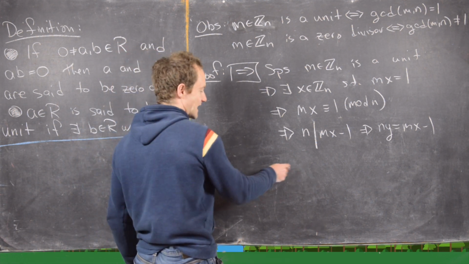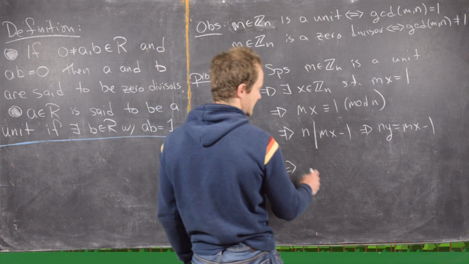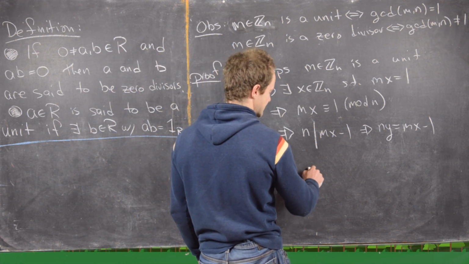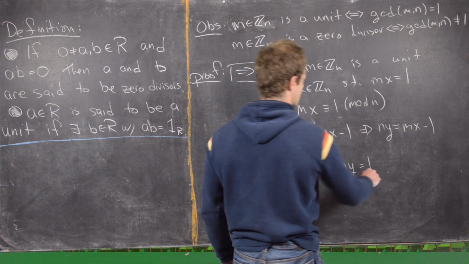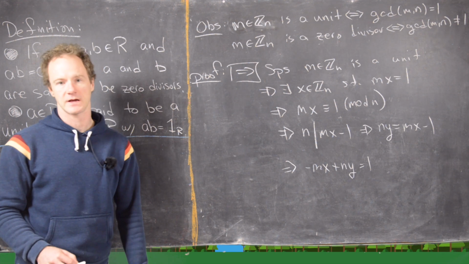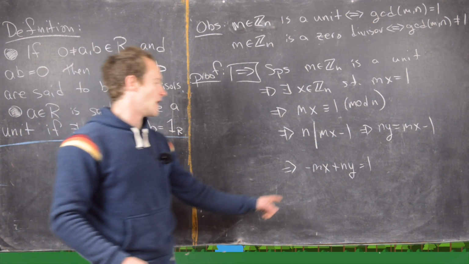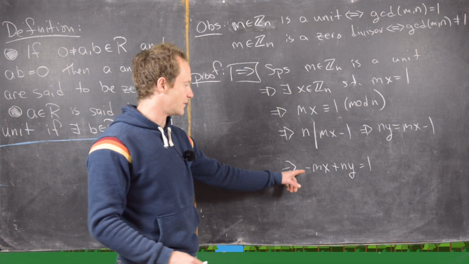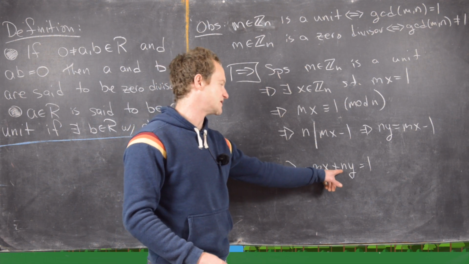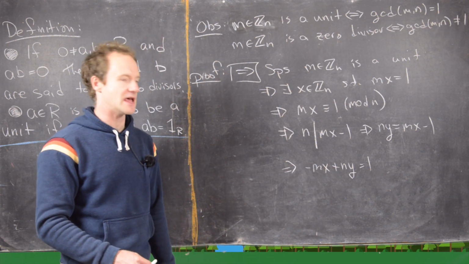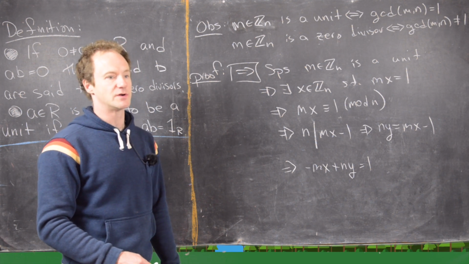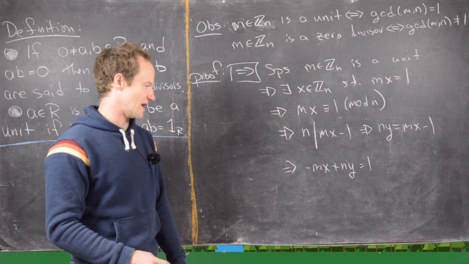But notice what that gives us is this nice equation, which is minus mx plus ny equals 1. Okay, good. But from elementary number theory, we know that all linear combinations of m and n, and this is a linear combination of m and n, are multiples of the GCD of m and n.